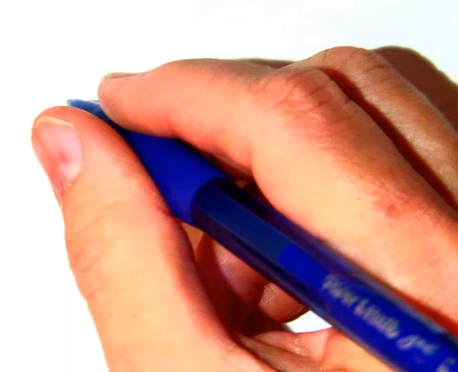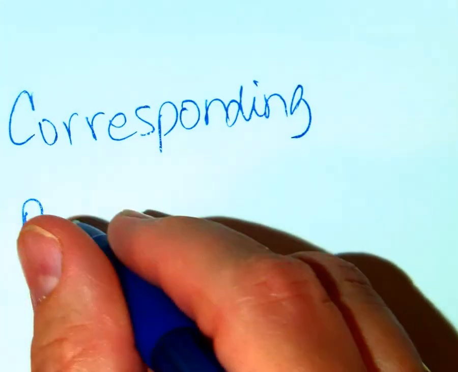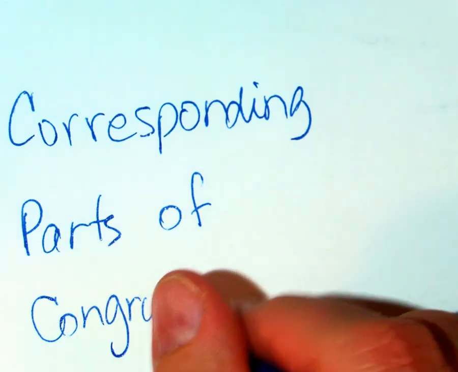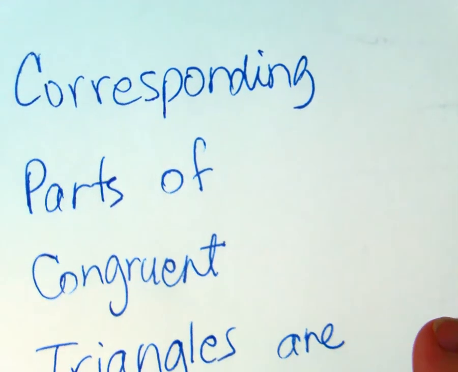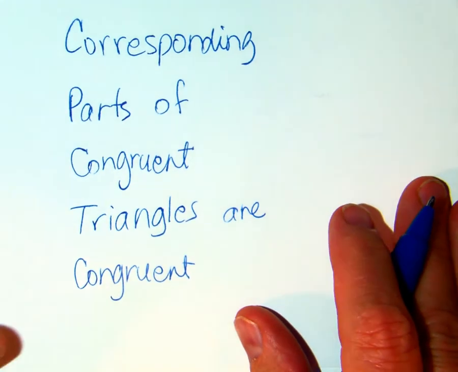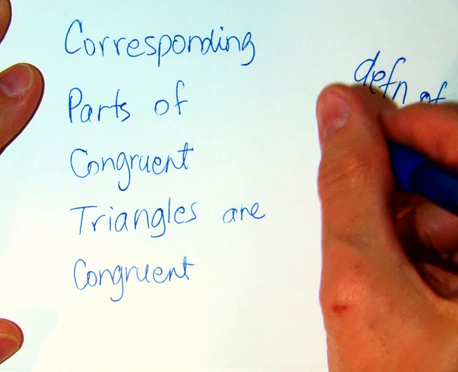You can say corresponding parts of congruent triangles are congruent. Now this is just another statement, a restatement of the definition of congruent triangles.